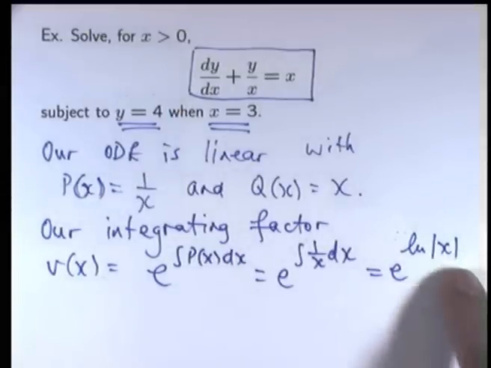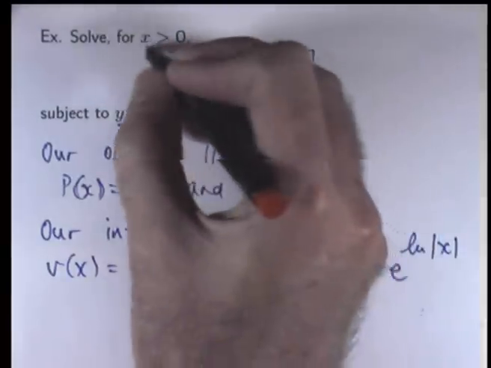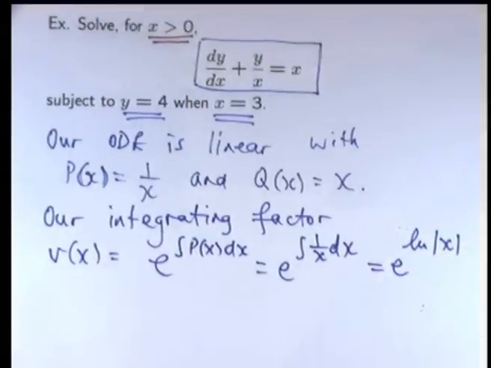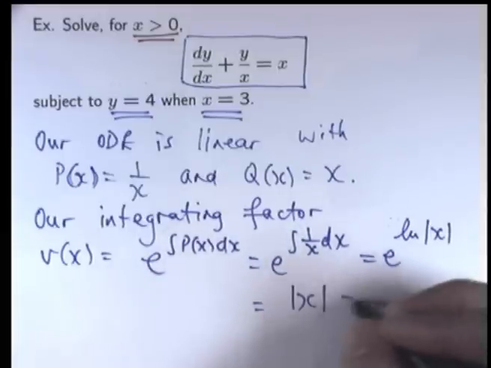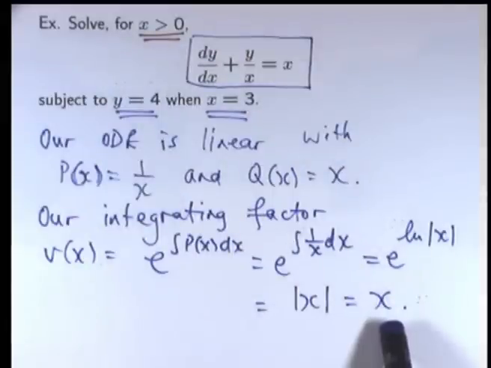Okay, so I don't put it in. Now, we also note that we're really only interested in solutions for positive values of x. So this can be further simplified. E and log cancel, and it's just x because x is positive.